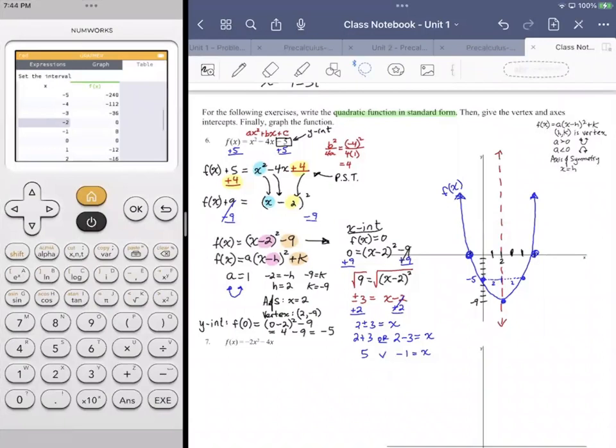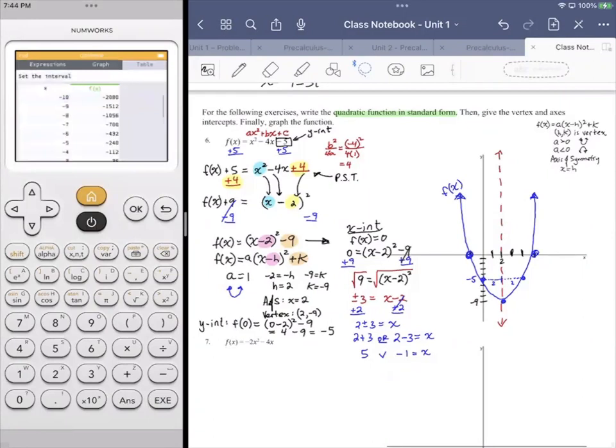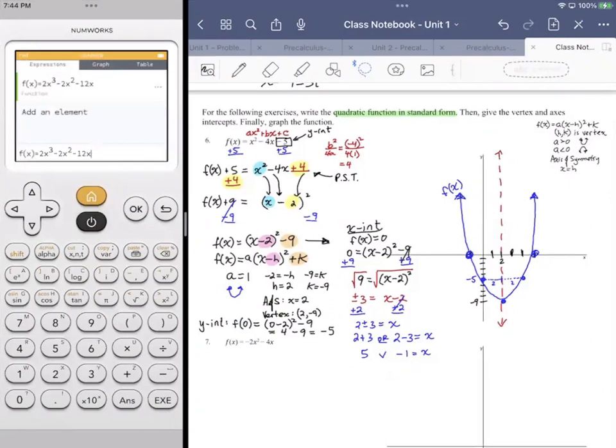The one I have up on my screen, well, actually this is a cubic, so I'll put in this one, x squared minus 4x minus 5. All right, so I'll put that in there.